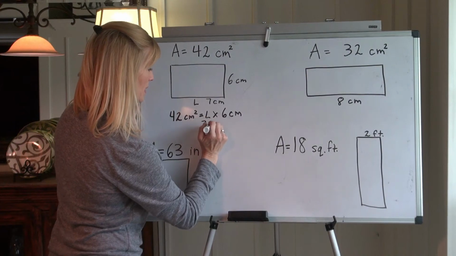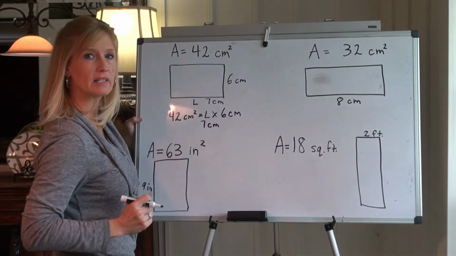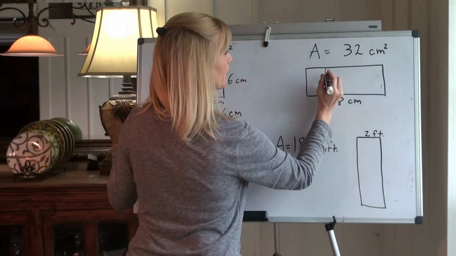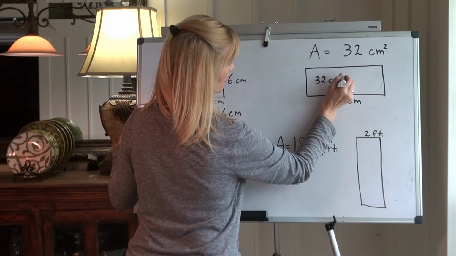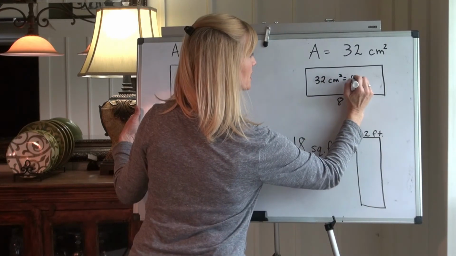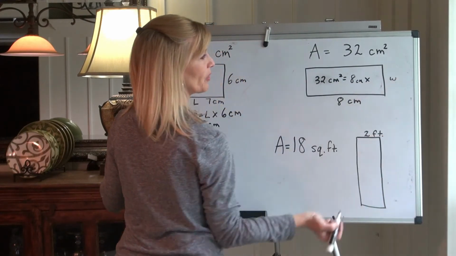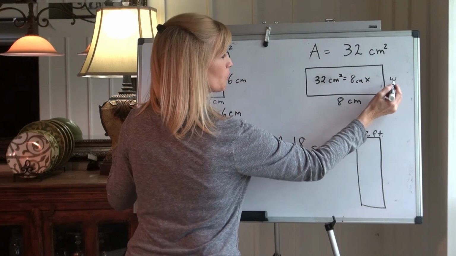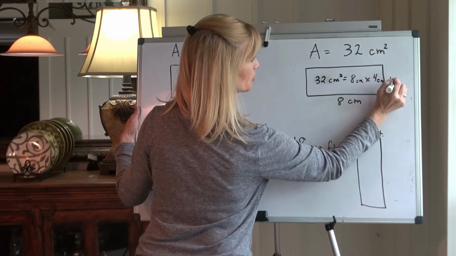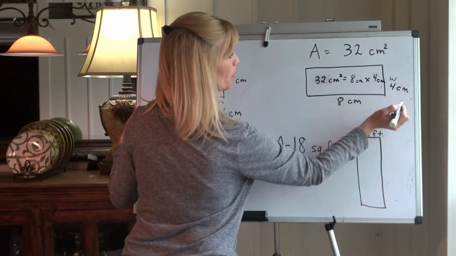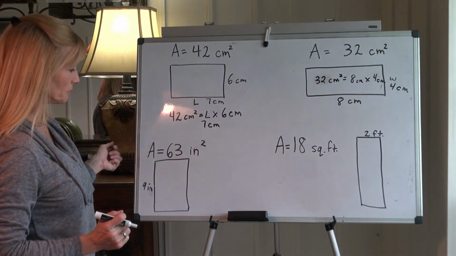So L is 7 centimeters right here. Let's look at this next one. If our area is 32 square centimeters, we know our length is 8 centimeters times what? We're looking for our width over here. So 8 times what equals 32? We know that would be 4 centimeters. So, make sure you go in and label, our missing side would be 4 centimeters long.